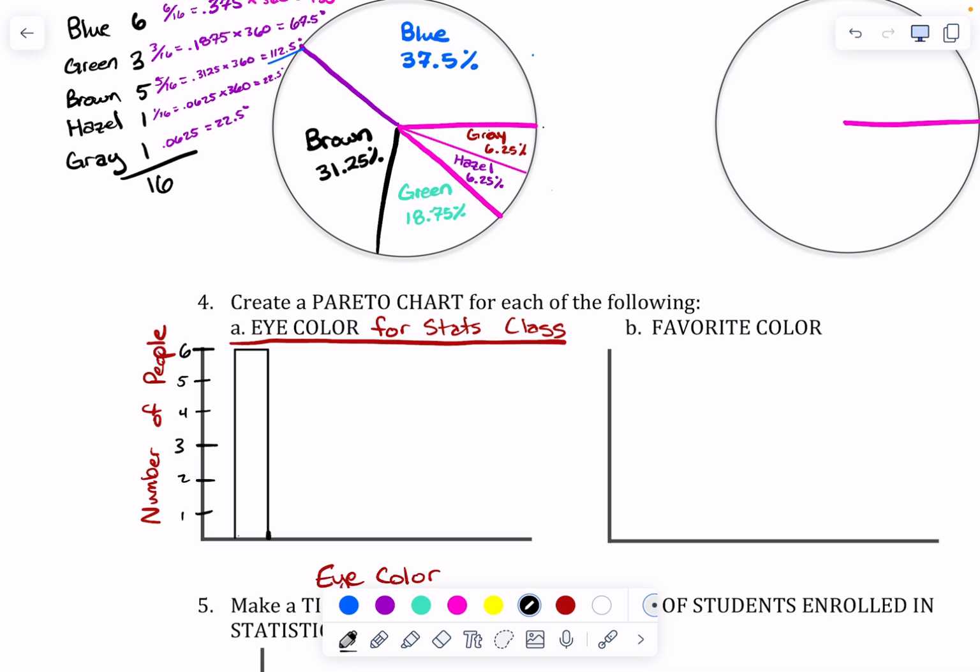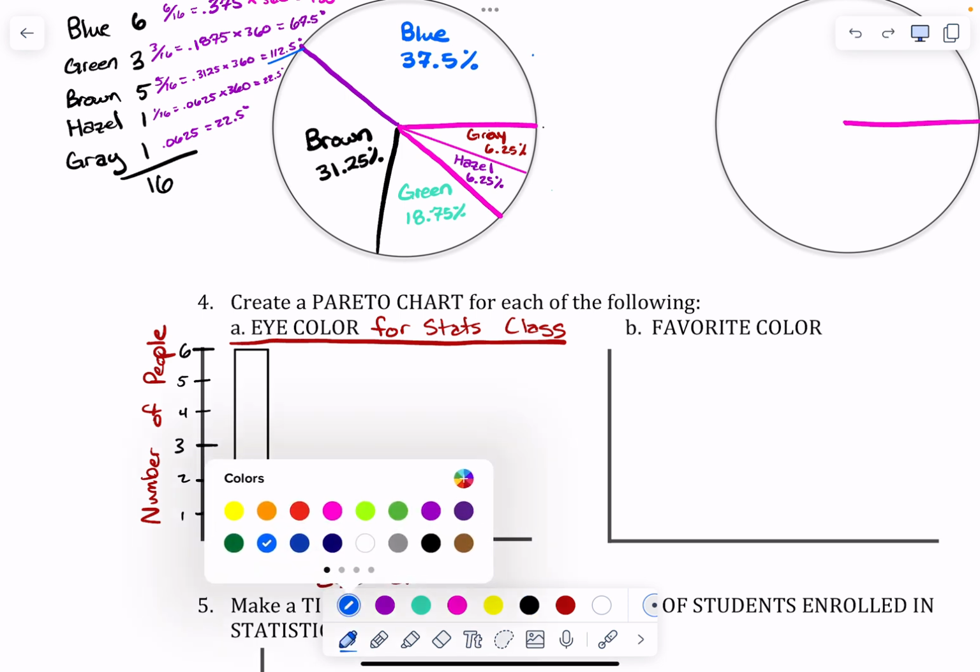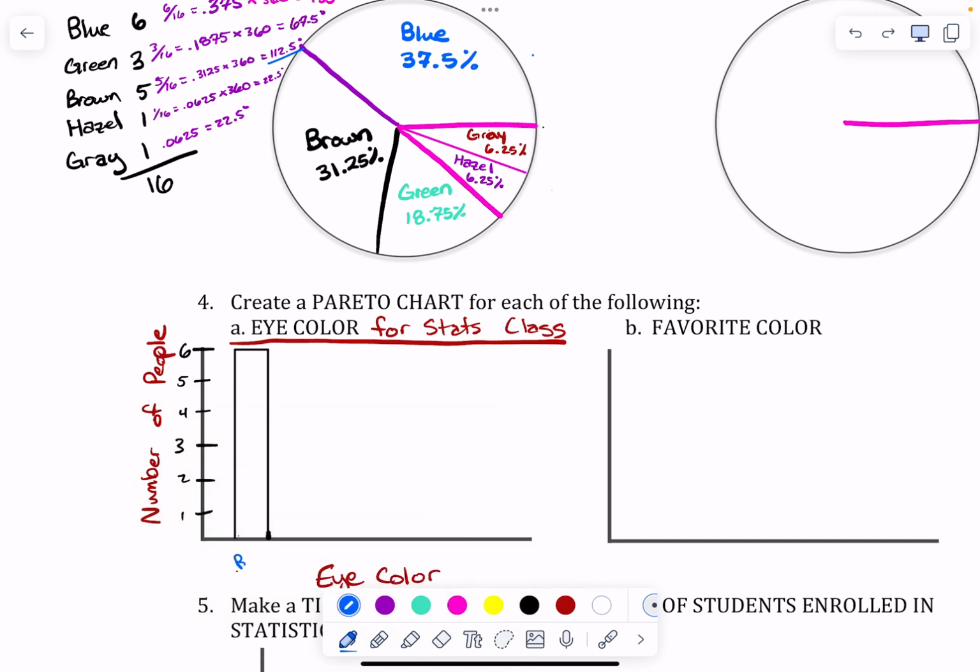At the bottom, you're going to label blue. Brown. Oh, I should have made him blue. That's okay. Blue, brown, green, red.